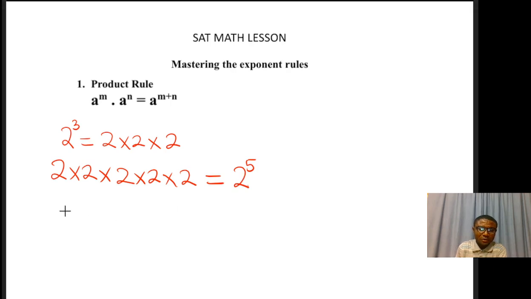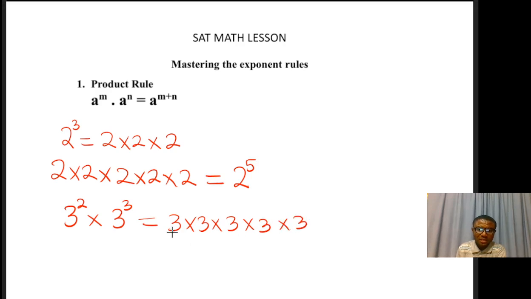Now when you have something like 3 to the power of 2 times 3 to the power of 3, this is the same thing as 3 times 3 times 3 times 3 times 3, right? Because this one is 3 to the power of 2 and this one is 3 to the power of 3.